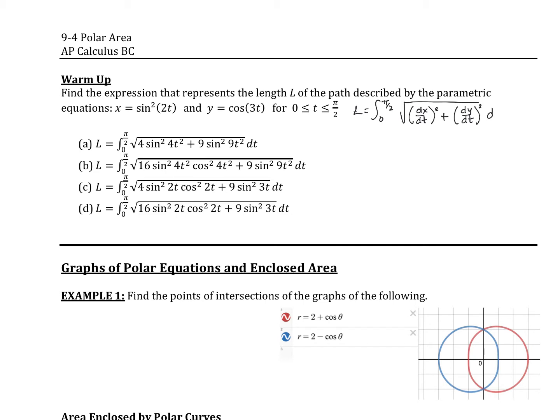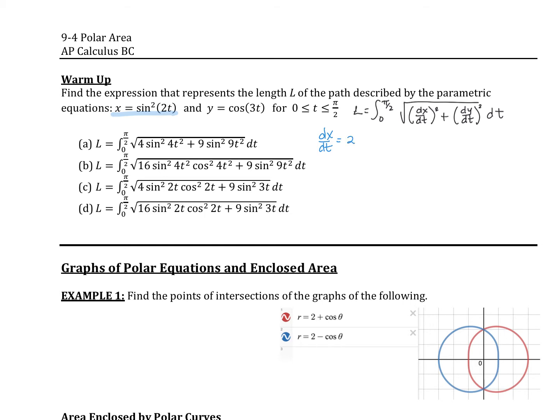squared dt. So what I would do first is find the derivative with respect to t of x. So dx/dt equals, and this is going to have quite a bit of chain, actually. I think this is a 2-chain problem.